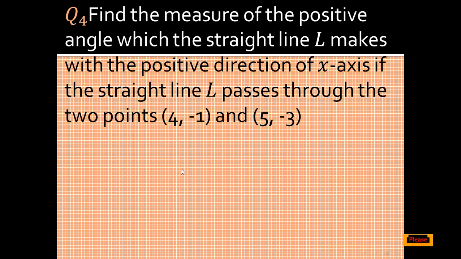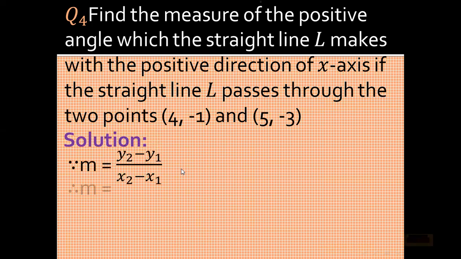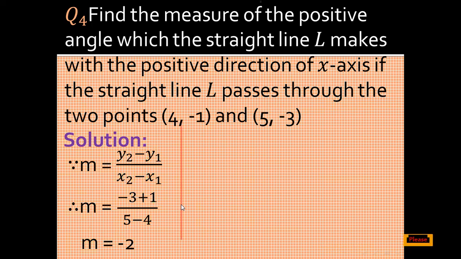To find the measure of the positive angle, we must find the slope. How can I find the slope? We have 2 points. Then the slope equals y2 minus y1 divided by x2 minus x1, equals -2. Then -2 equals tan theta.